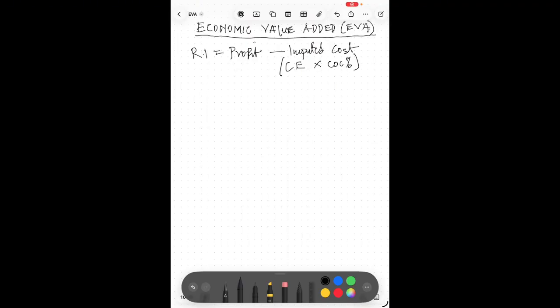So EVA also applies in this form. Your economic value added also applies in this form.